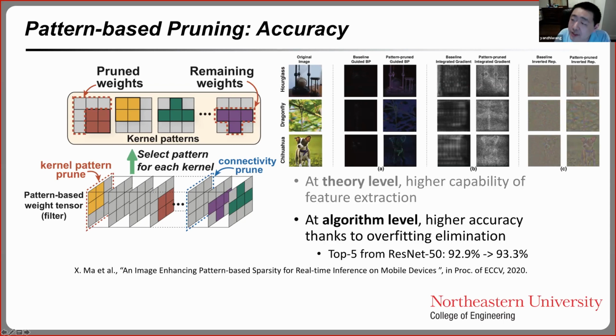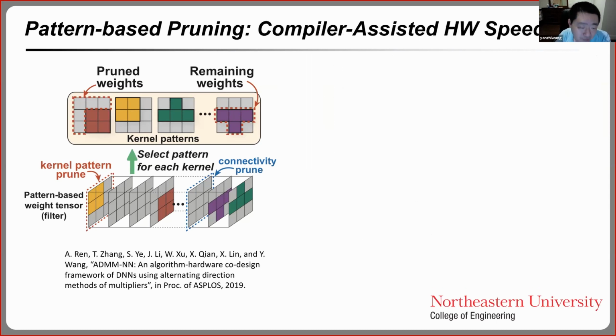And at the algorithm level, with our enhanced ADMM, because of overfitting elimination, it got higher accuracy consistently. Like the top 5 accuracy of ResNet 50 increased from less than 93% to 93.3%. We simultaneously reduce the number of weights and increase the accuracy.